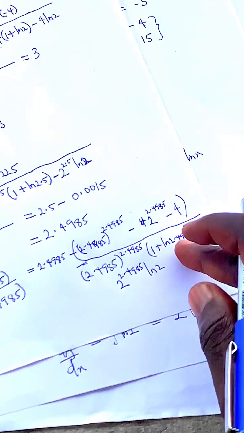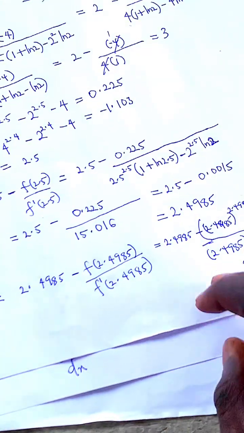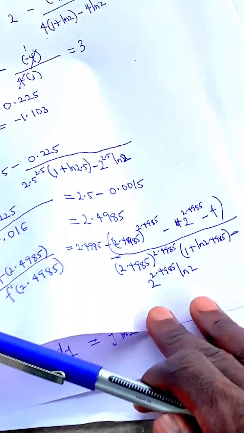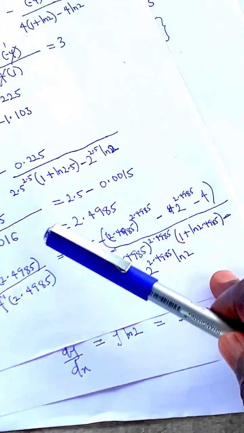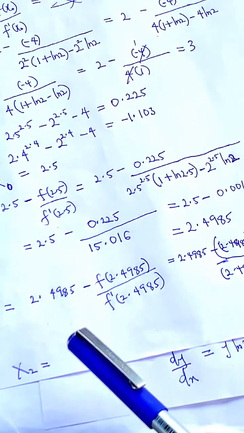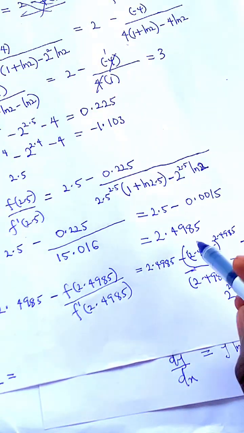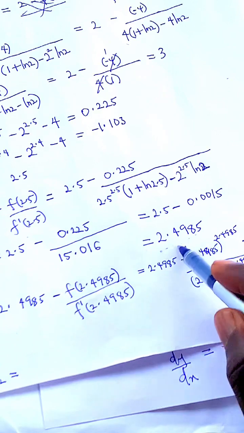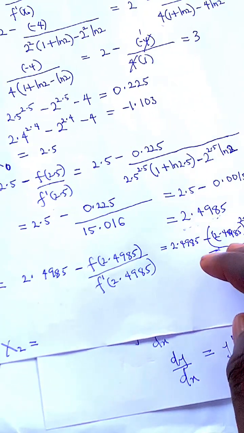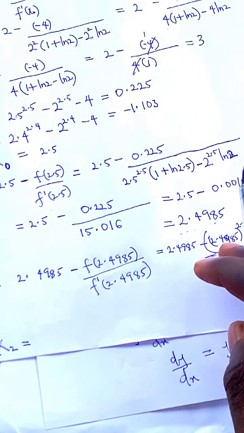Yeah, now you can solve this one and get your answer. So you can end at this answer when you press your calculator. The value you have here is very close to the answer. Since it's very close, you can approximate it as the final answer, or you can even stop here at s equals 2.4985. The more you continue the iteration, the more accurate your answer for s is.